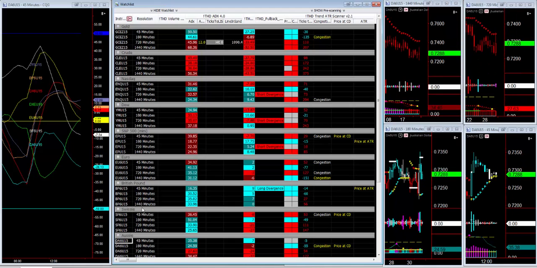Then on the Aussie dollar, you do see that we went up to the ATR on the 720, and so far it has not been able to break that ATR. So I would be looking at the 180 and the 45-minute. It has to find support in order to push up through the 720 and the 1440s.